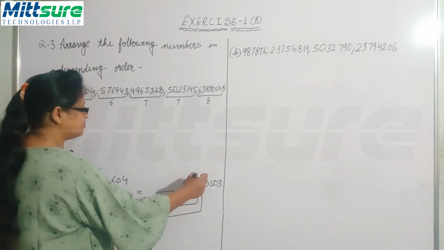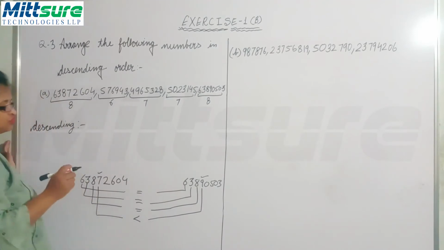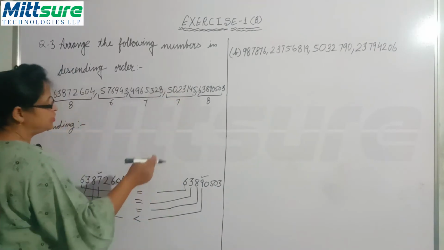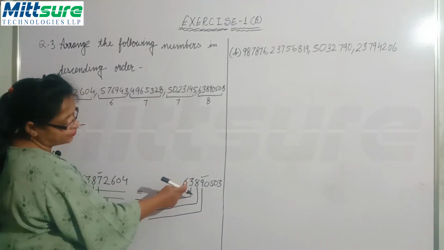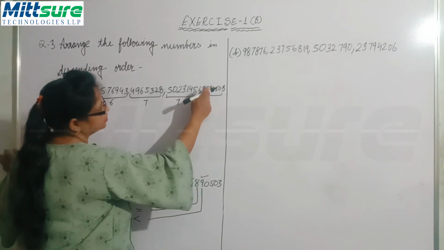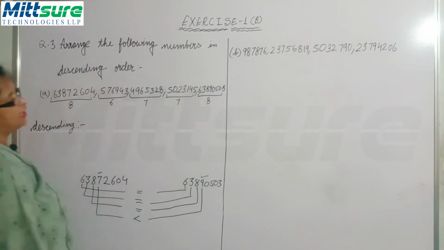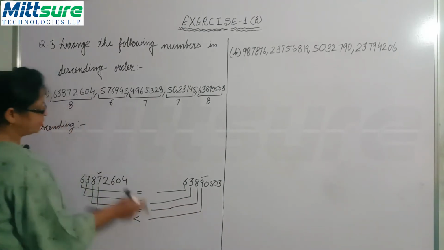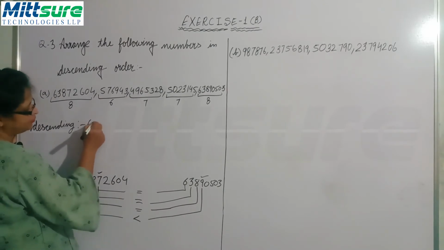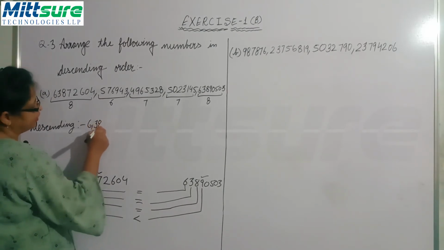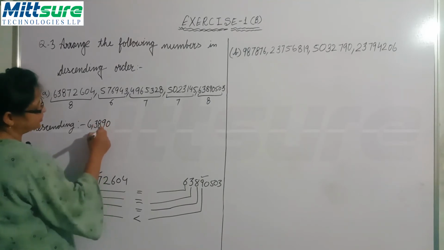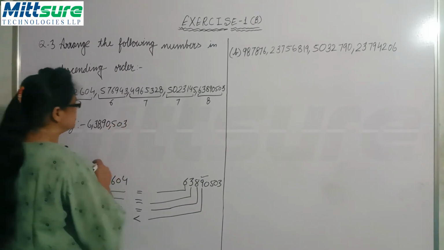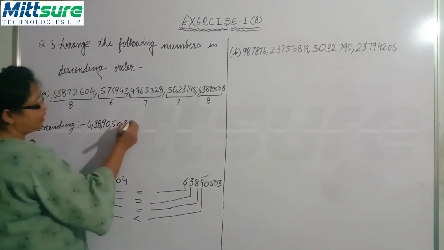So we know both are large numbers, but the greater number is 6 crore 38 lakh 90,503. This is the greatest number.